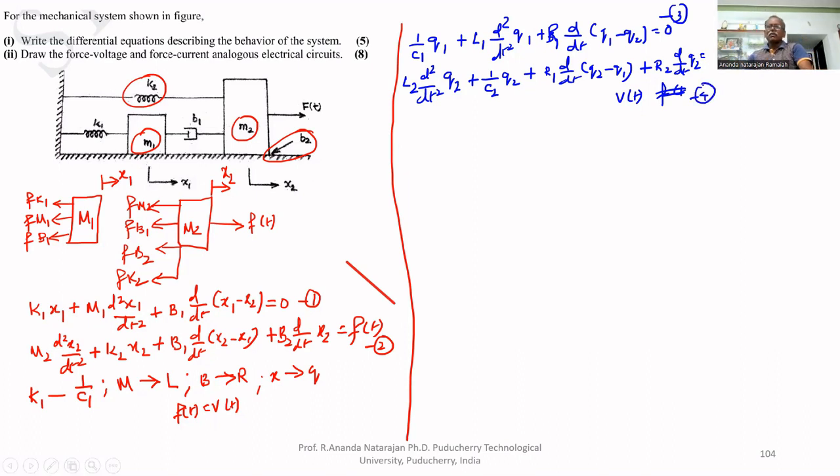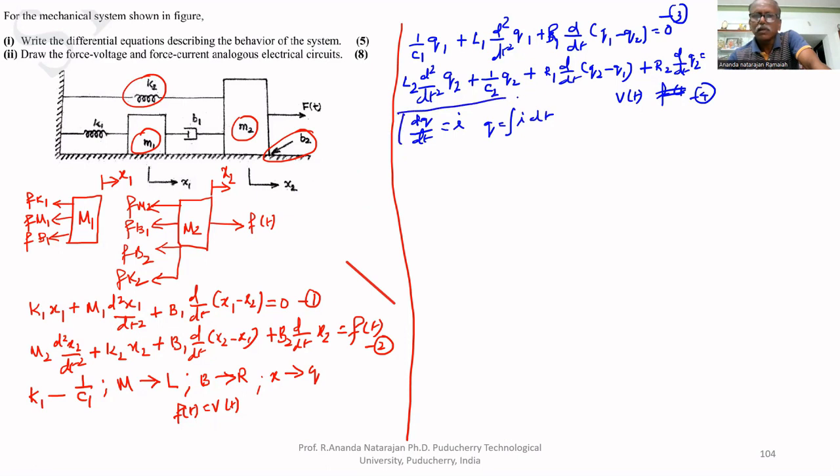But we know that dq by dt equal to I, and therefore q equals the integral of I dt.